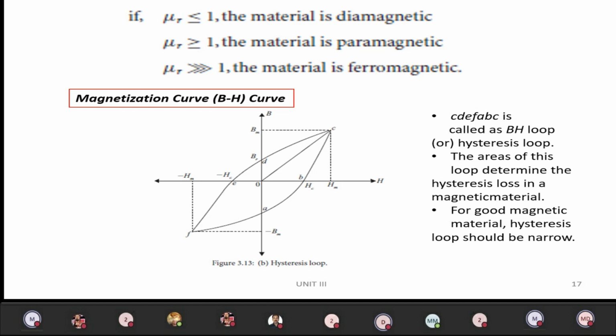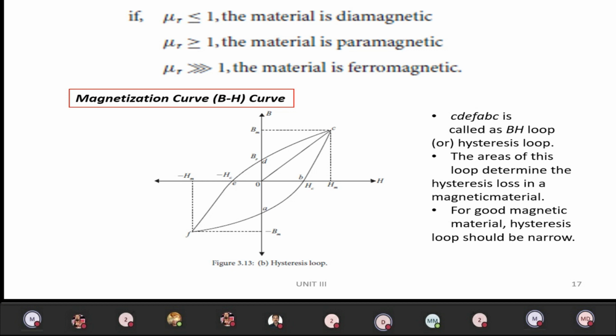The area of this loop determines the hysteresis loss of the magnetic material. A good magnetic material should have a narrow hysteresis loop.